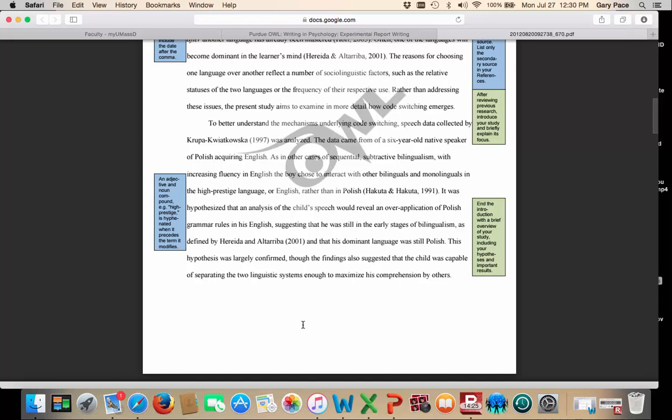So in your introduction, you've introduced the problem. You've talked about ways that the literature has approached it. You focus in on the interventions that you're going to use, and you're tying it together with, this is why I'm doing that. And then you're going to end it with the purpose.